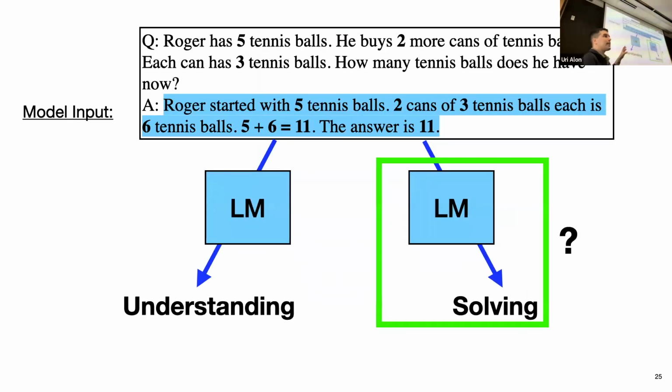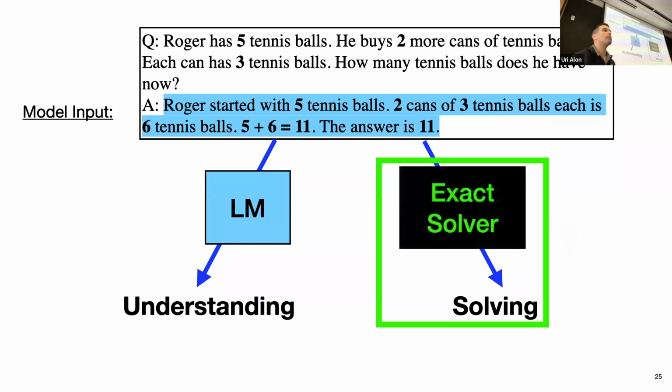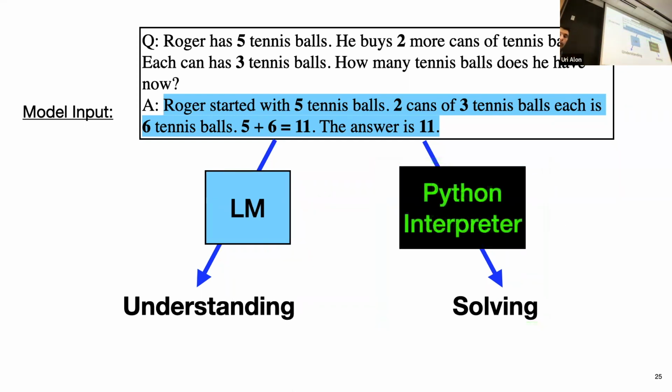So instead of using the model for both understanding the question and for actually solving each part of the question, why don't we replace the solving part with an exact solver, such as a Python interpreter?